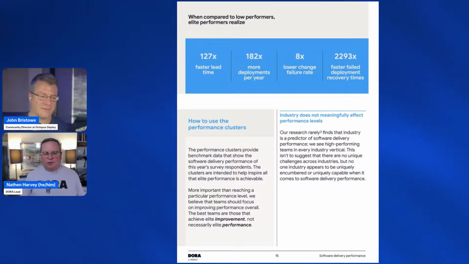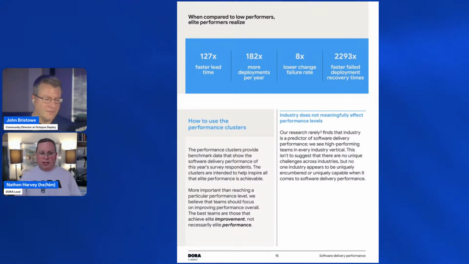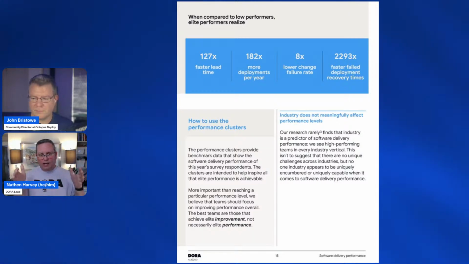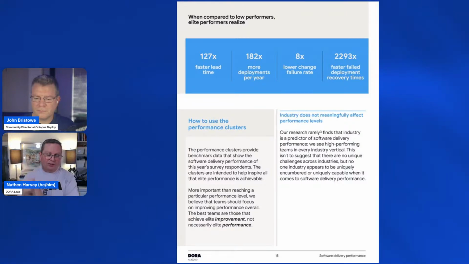Yeah, this is really interesting. Just to talk about how we figure out what elite looks like: each year in our survey, we ask those 4 software delivery questions, and then we plot them out on a chart so we can understand how people are doing around the world in organizations of every shape and size. As we put those data points onto a plot, we essentially see clusters start to emerge, where teams have very similar answers but are distinct from teams with other very similar answers.